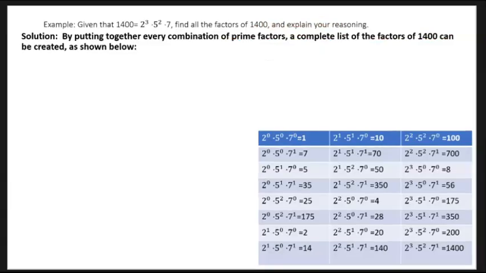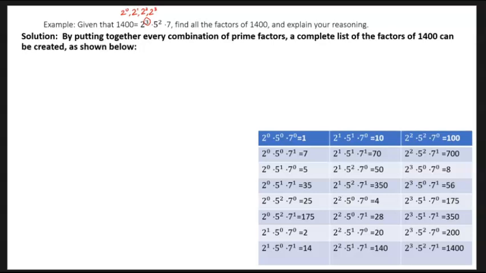For example, the exponent of 2 is 3, which means we can have at most 3 copies of 2. We can choose not to pick a 2, which means 0 copies of 2, or we can pick 1 copy of 2, which is 2 to the first, or 2 copies of 2, 2 to the second, or 3 copies of 2, and that's the most we can pick, because the factoring doesn't show that we have 4 copies of 2.